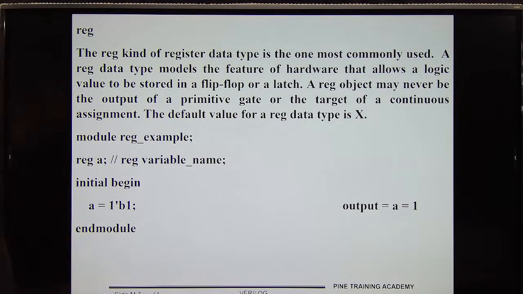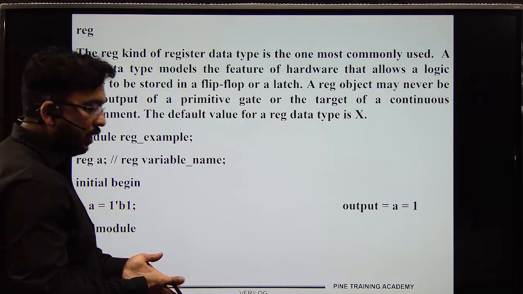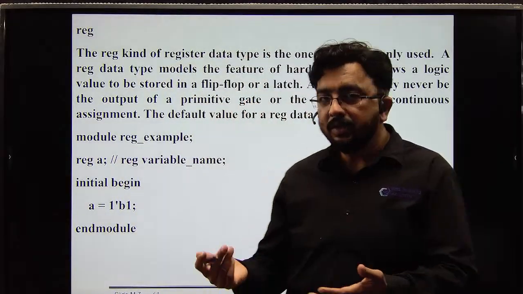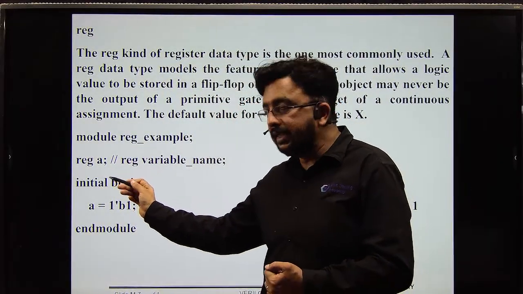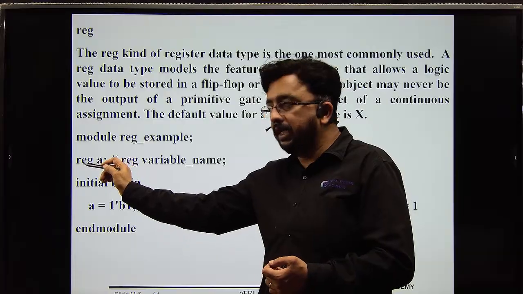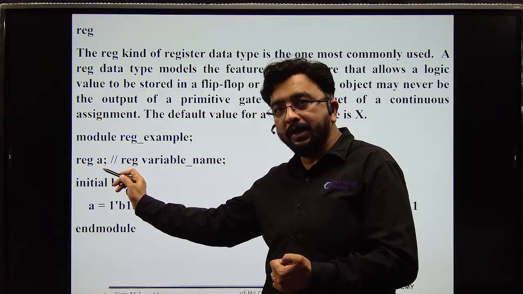Okay, a simple example. With this example, I want to give you the message of how a reg is called. So reg is called here by the keyword reg, and then you have a variable name.